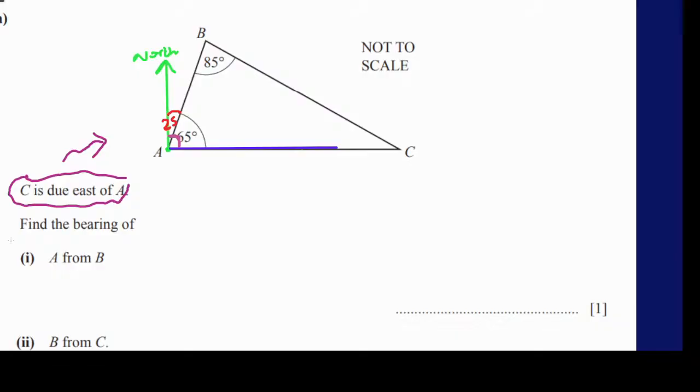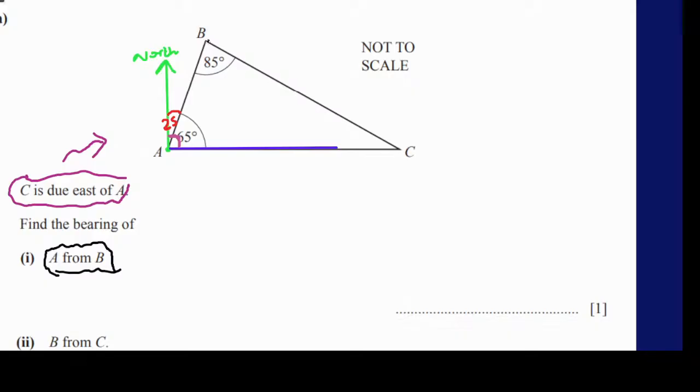You have been asked to find the bearing of A from B. Right. So now you got to assume that you are supposed to travel from B to A. So where are you?